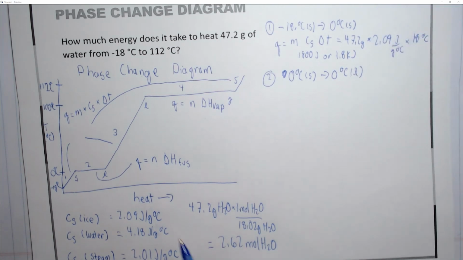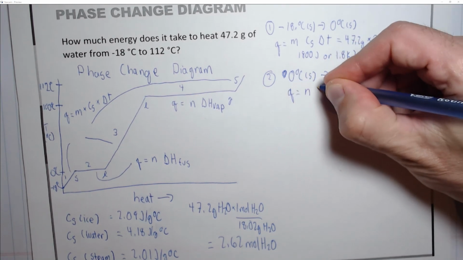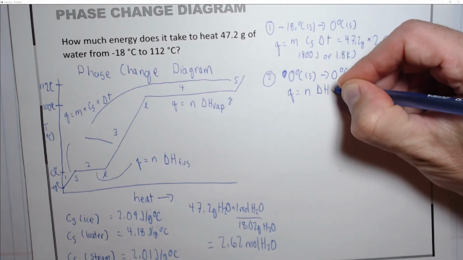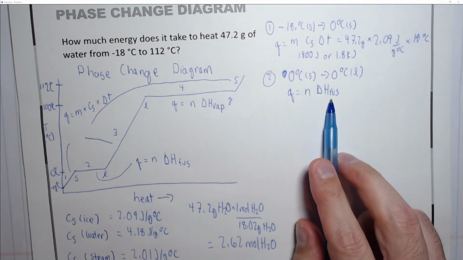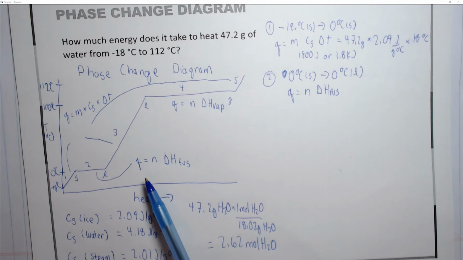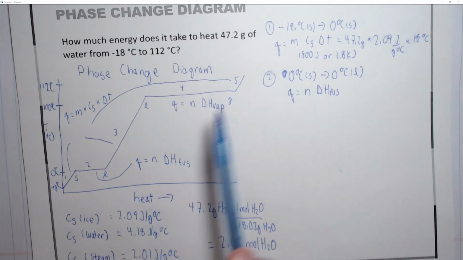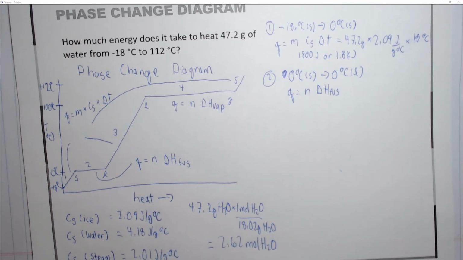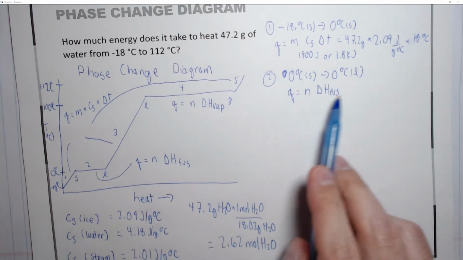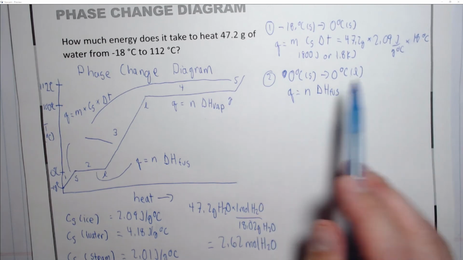To do that, we're going to use Q equals n times delta H of fusion. And remember, fusion is the chemistry word for melting. Note, we have no temperature change, so we can't use the equation with delta T. If you're stuck and not sure which equation to use, don't use the one with delta T if there is no delta T.